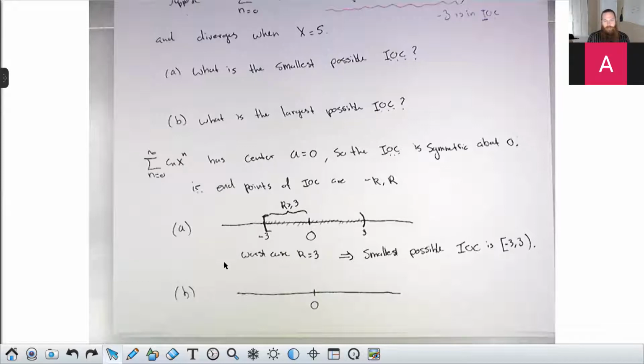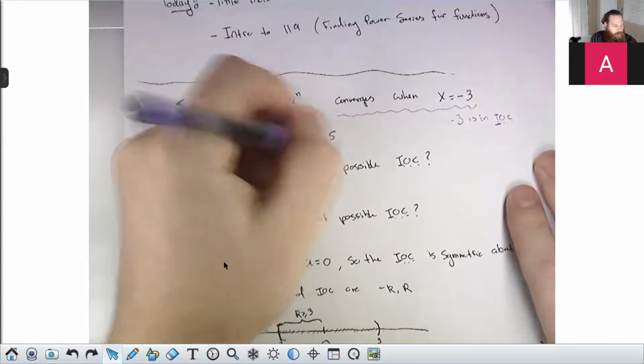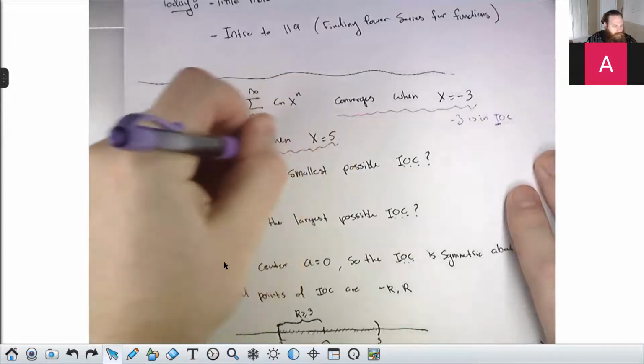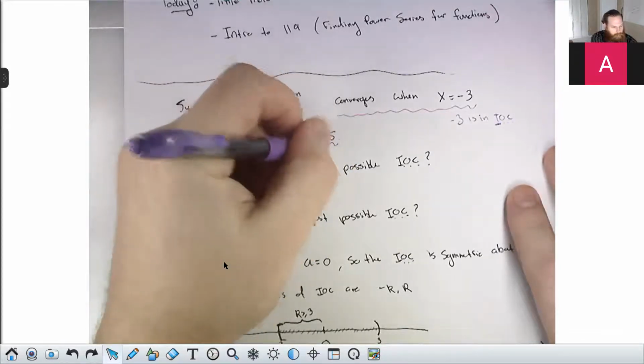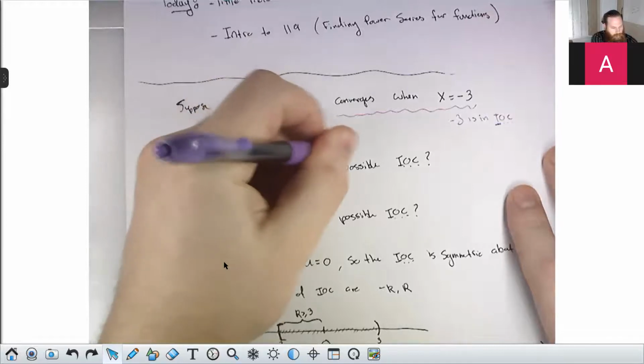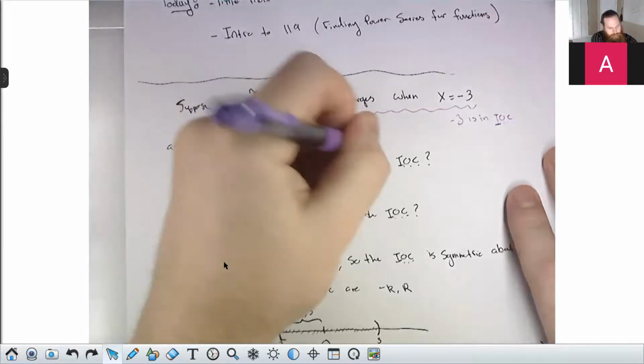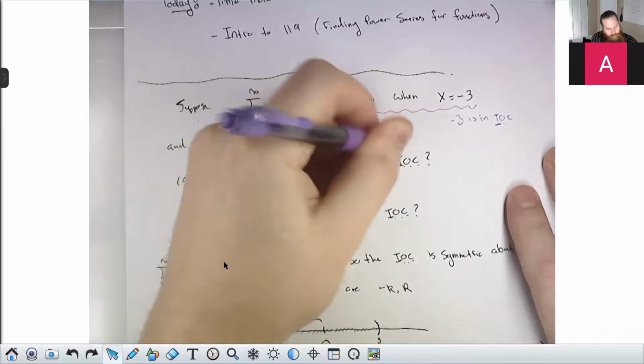Can anybody tell me a number that is for sure not in the interval of convergence? 5. Yeah, good. Series diverges when x is equal to 5. So 5 is not in the IOC.